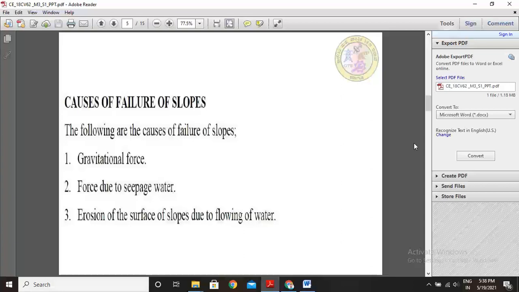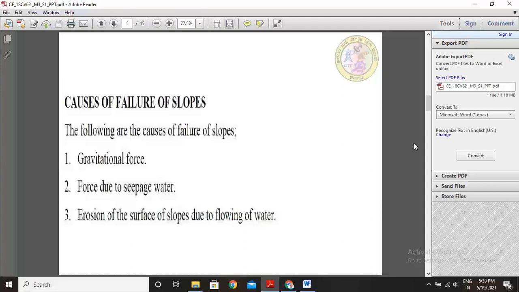One is gravitational force. Due to gravitational force, slope failure takes place. The second one is force due to seepage of water. Due to this also, slope failure takes place.